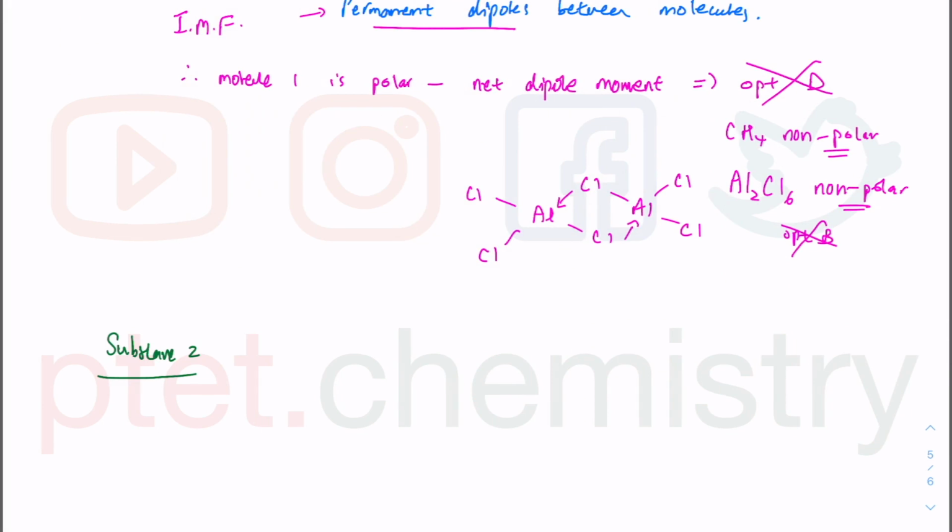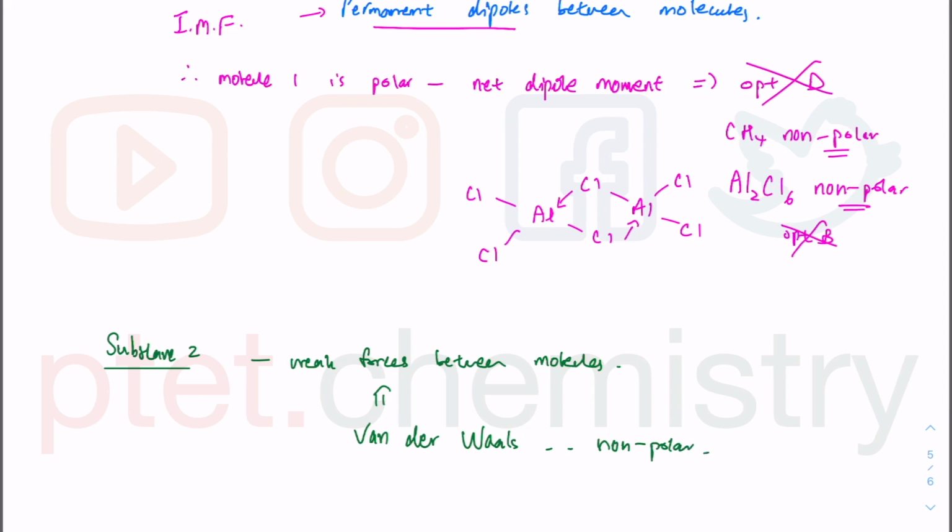So again, I have covalent compounds because they say covalent bonds between atoms, but they say weak forces between molecules. So why in the world did they not mention permanent dipoles? Because the weak forces there would most likely point towards just van der Waals, so meaning to say non-polar, because there's no permanent dipole. So we are looking at something which is non-polar.